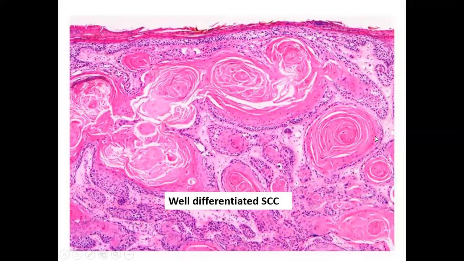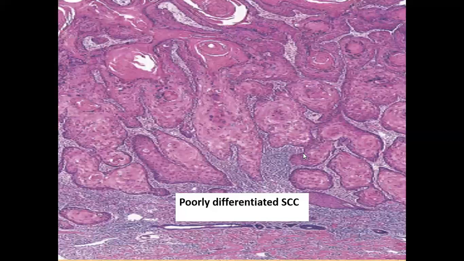And there will be a lot of keratinization because it's a surface tumor, so keratinization is a must. If this keratinization is lost, then this tumor is called a poorly differentiated or moderately differentiated squamous cell carcinoma. So this is a poorly differentiated SCC where you can see the abnormal squamoid nests, but no keratinization.